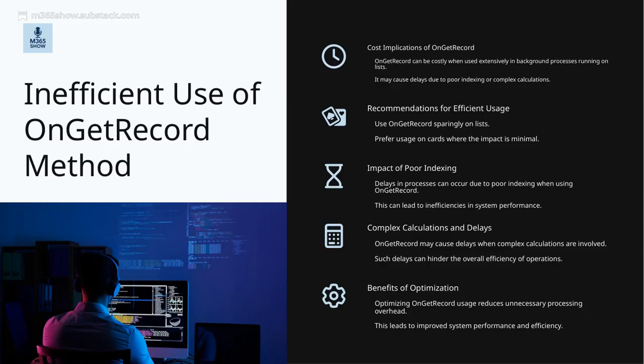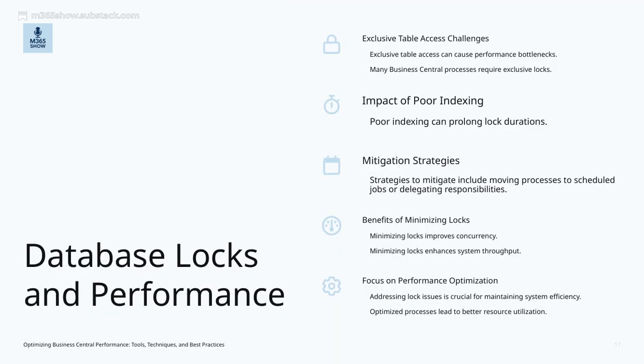It might cause delays due to complex calculations or poor indexing, which ultimately affects the user experience and system throughput. In summary, careful management of OnGetRecord, knowing when and where to use it, can lead to better performance and a more efficient system overall.